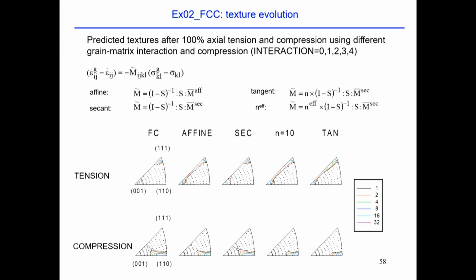All the other methods, affine, n effective equal 10, tangent, tend to spread the texture for the reason that I explained before.